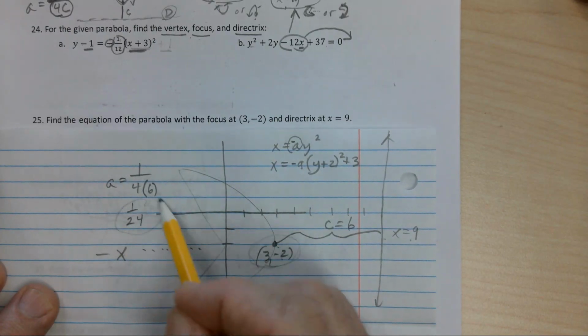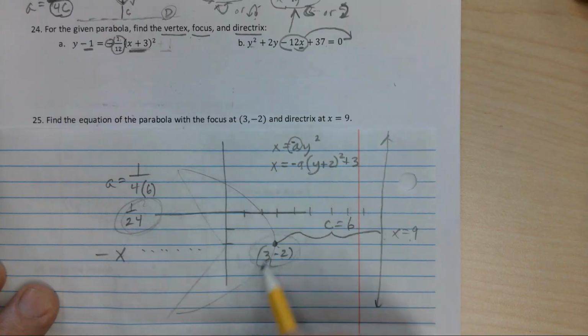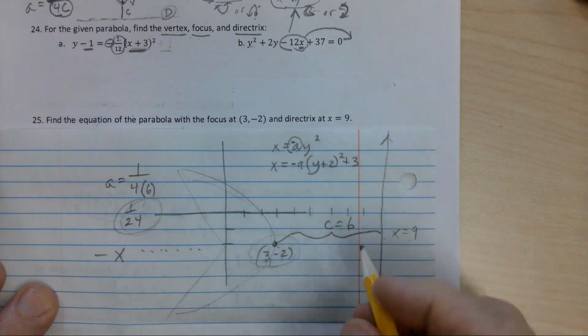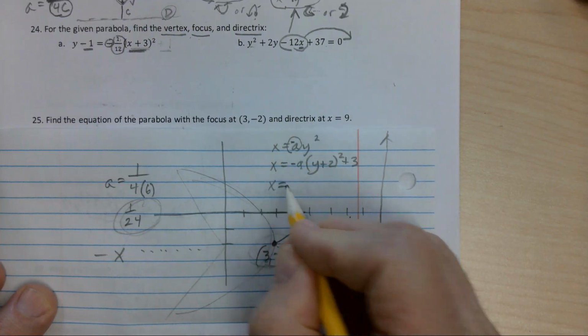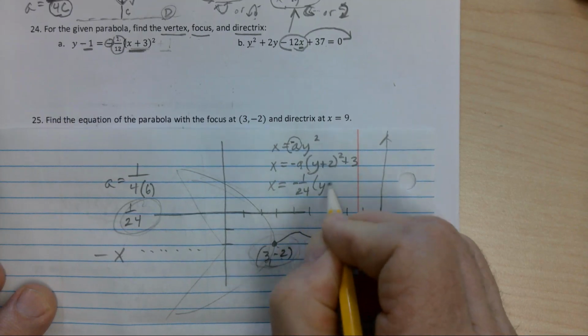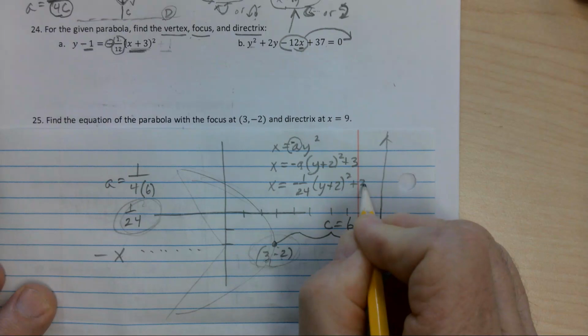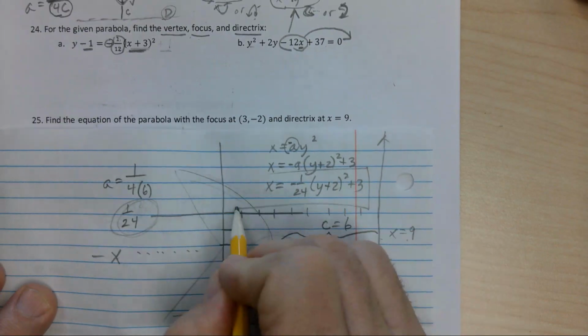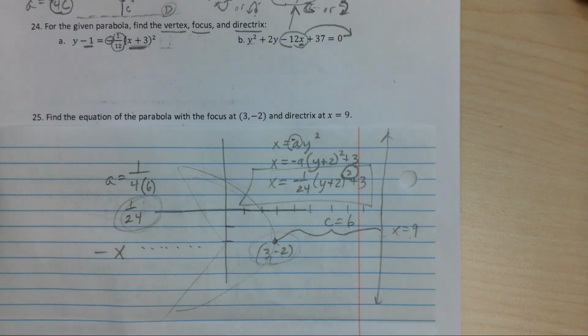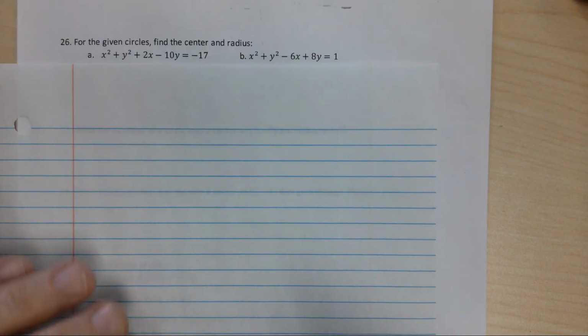This will not tell you that your a is negative. The drawing has to tell you that. So we have to know that this is negative, so our final answer would be x equals negative 1 over 24, y plus 2 squared plus 3. There we go. Don't forget that, little guy. A lot of you will do that. Don't do it.